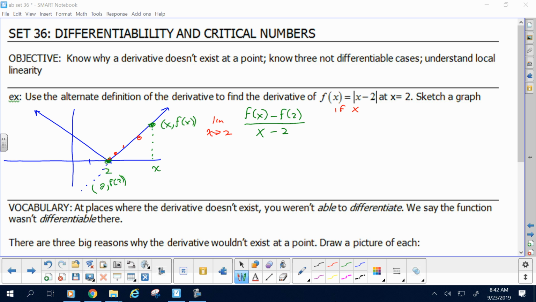If x is right of 2, then you're talking the limit as x approaches 2 from the right of f of x minus f at 2 over x minus 2. What does that slope look like? Positive, what? Isn't the slope just the slope of the line on that side?